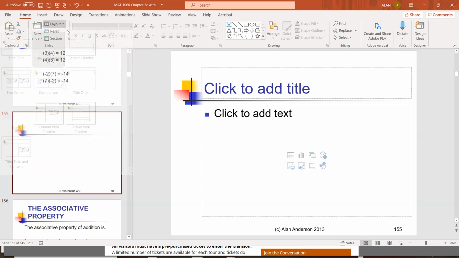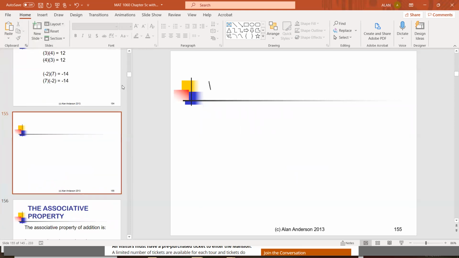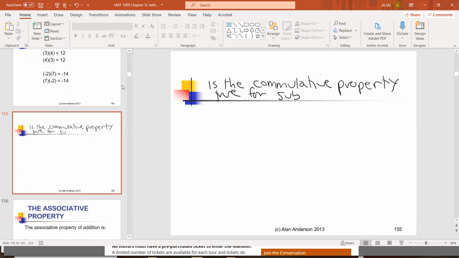Is the commutative property true for subtraction and/or division?